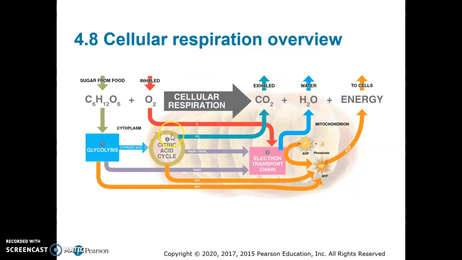So when the citric acid cycle is completely done and all of the hydrogens have been stripped off of the carbon backbone of that sugar, we're back to carbon dioxide. That's what gets exhaled. Once the hydrogens have been moved through the electron transport chain, I don't need them anymore. They've already made for me the ATP.